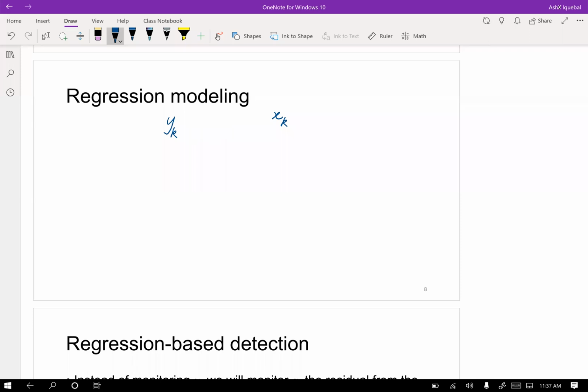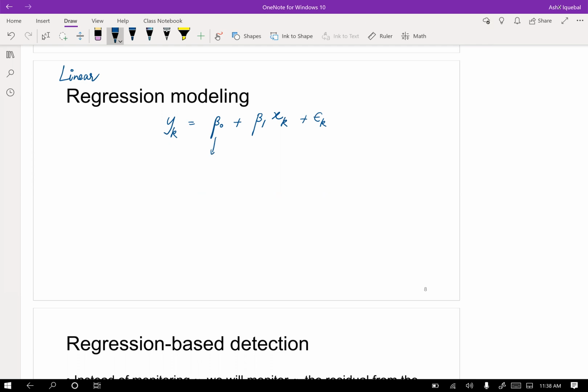A regression model is basically given as some constant beta 0 plus beta 1, which is the coefficient for Xk, plus some error term, which is epsilon k. To be very specific, we are talking about linear regression. So we are not talking about any regression, but we are talking about linear regression.